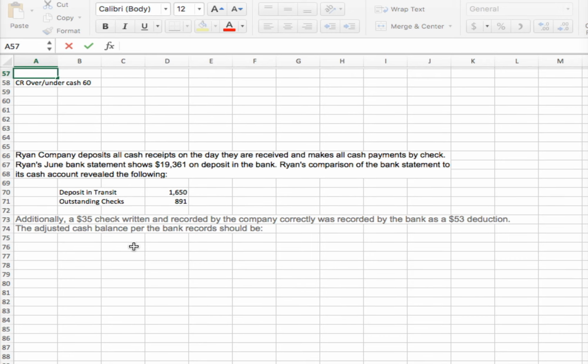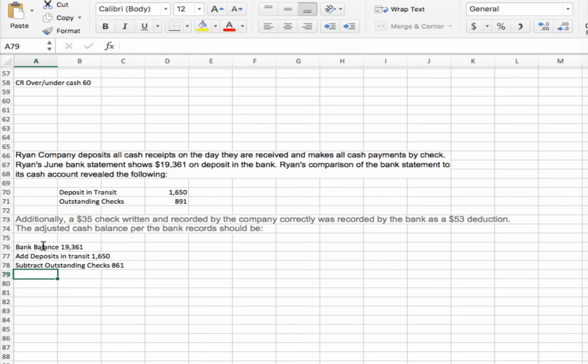Okay, so if we start with what the bank balance is, $19,361, then we want to add to that deposits in transit of 1,650, subtract any outstanding checks, okay, and then the bank charged us basically too much on this check.